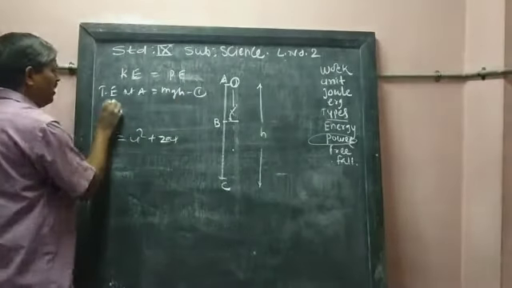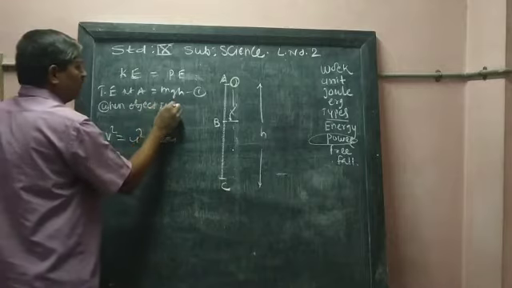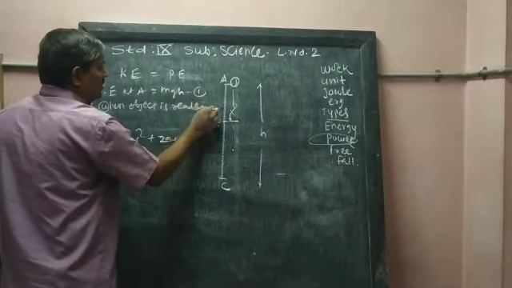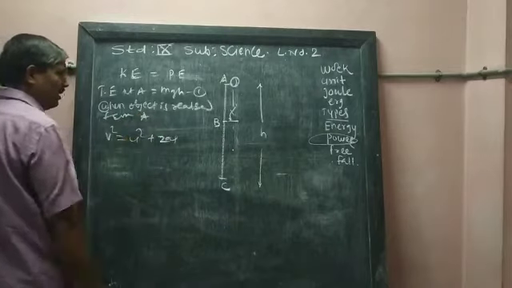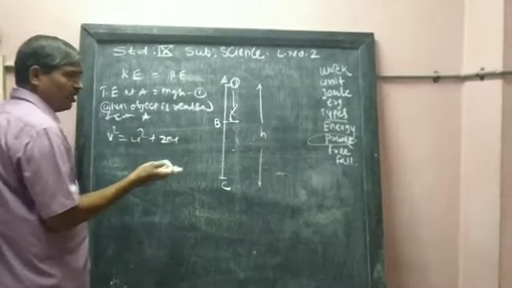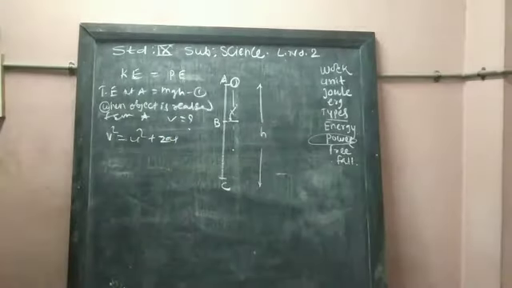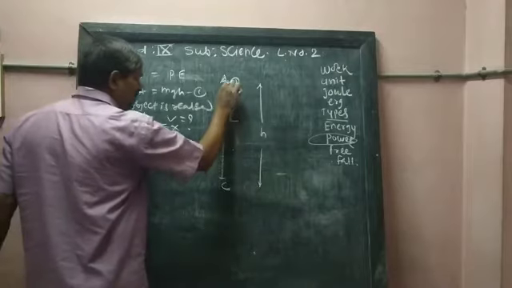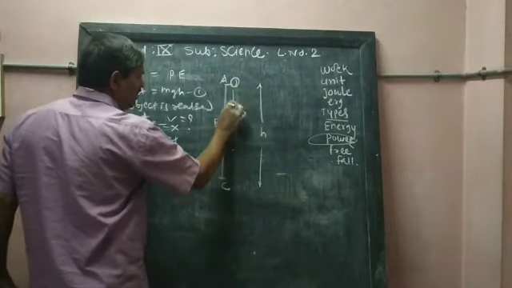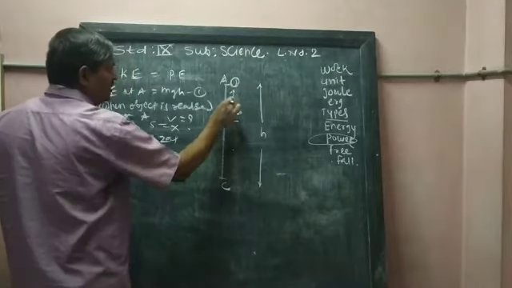Now, when the object is released from A, we have to calculate v. How much distance? s is equal to x, because the displacement from A to B is x.